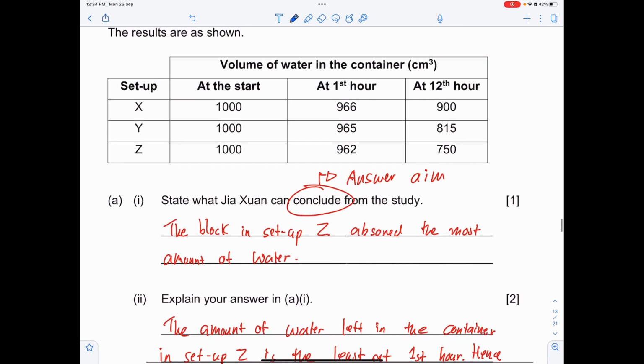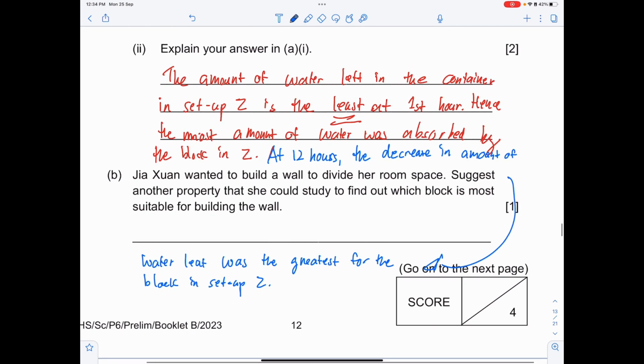Now in this case, you need to actually state both timings. Just to let you know, timing is very important. Don't say I never say. Especially when it comes to trend questions. Last year, PSLE, if you didn't state the timing, you don't get marks, even though your trend is correct, especially when there are two different trends.